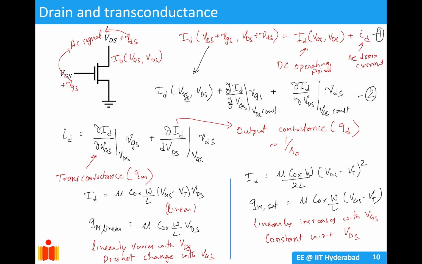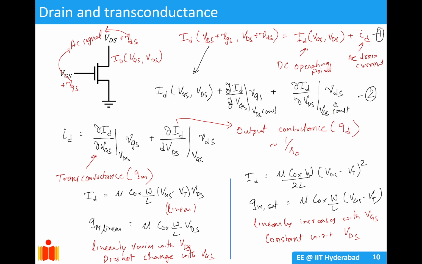So you get current back from the operating constant DC bias, and you also get conductance due to del ID by del VGS at constant VD, and del ID by del VDS at constant VGS.